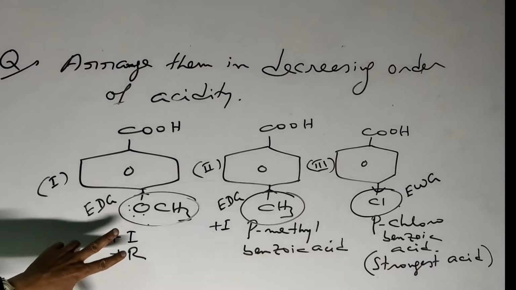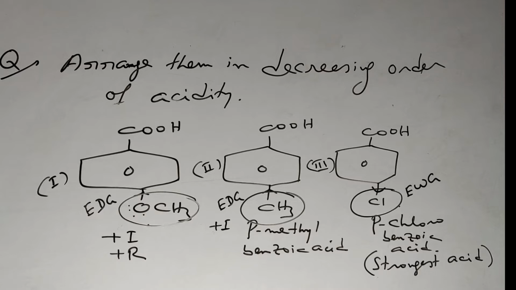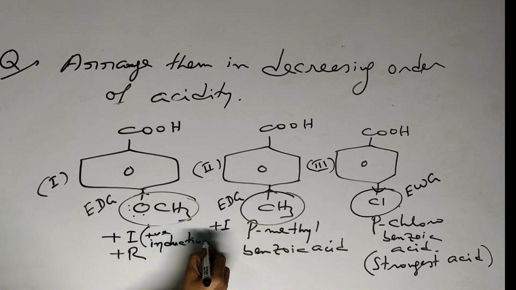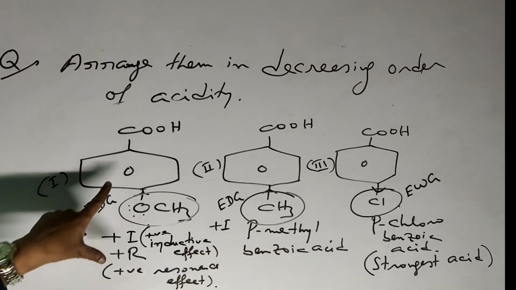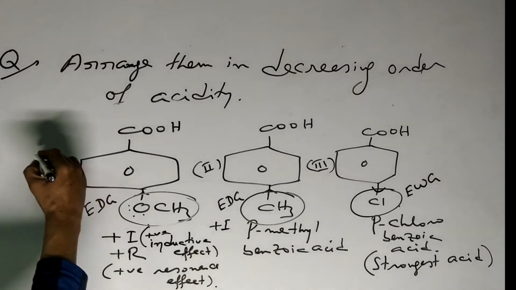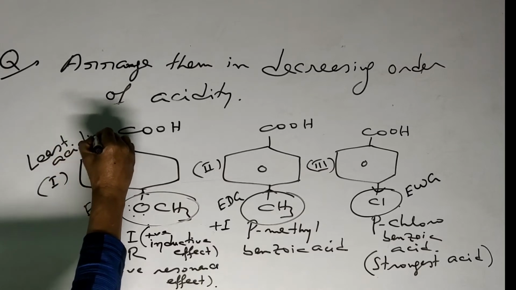So the methoxy has more electron donating power due to the two effects, one is the positive inductive effect and another is the positive resonance effect. Thus it is the least acidic.